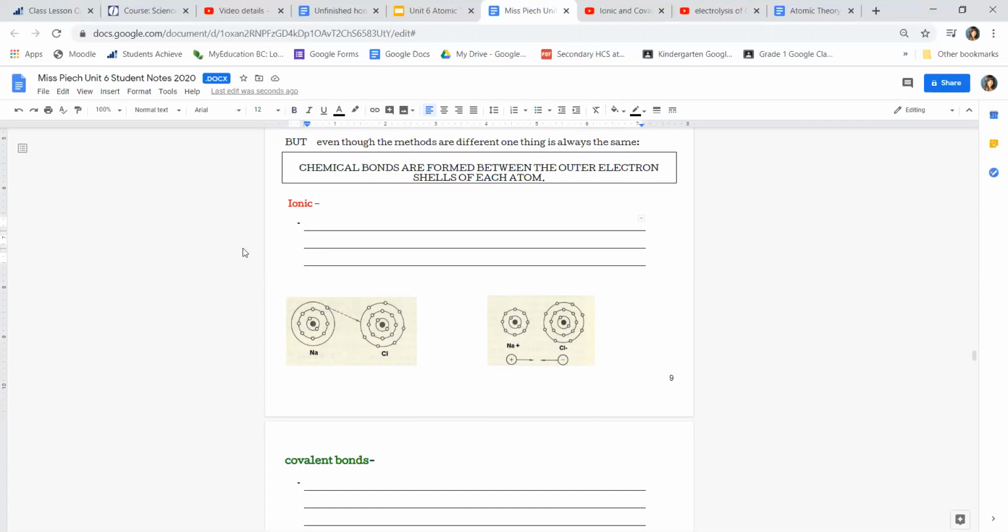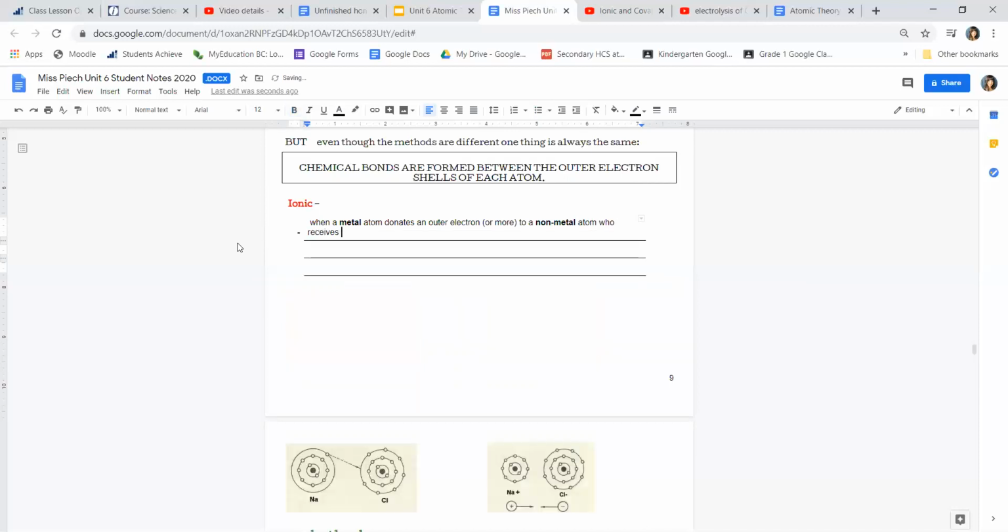So when it comes to ionic bonds, that is when, and I'm just going to make this part bold so that you keep that in mind, a metal atom donates an outer electron, you can do more than one, to a non-metal atom who receives.